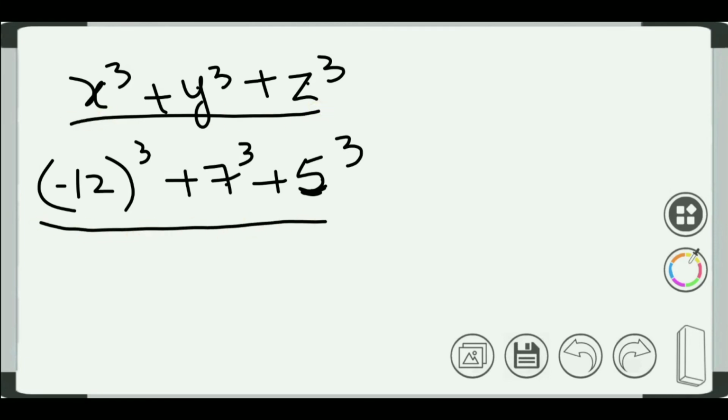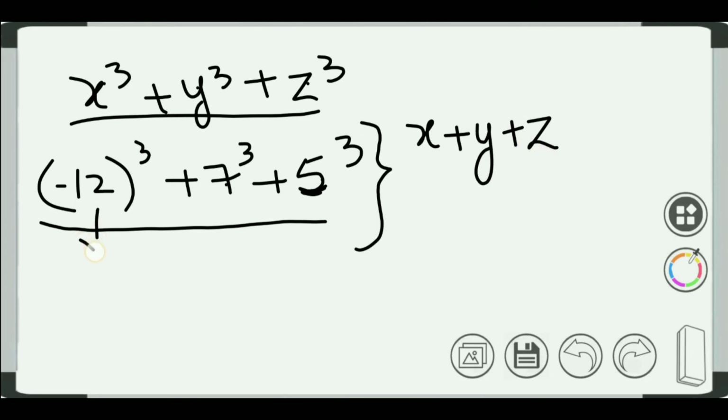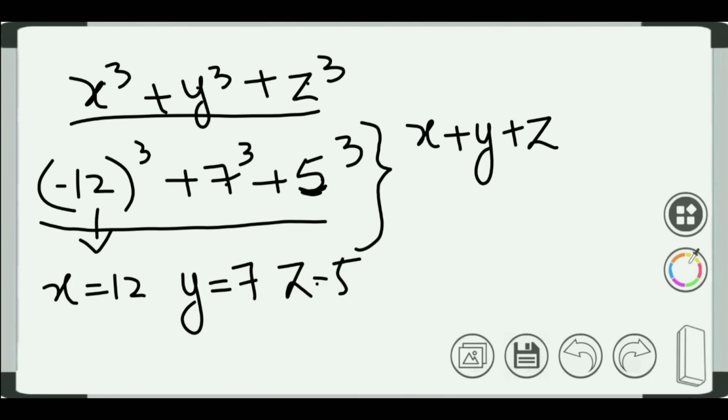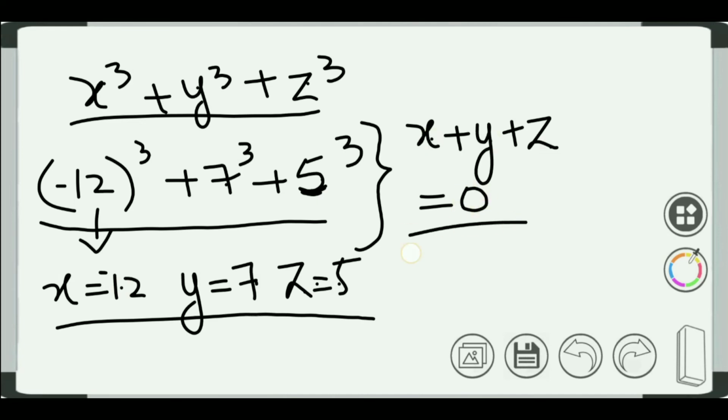So in this case, first you need to add x plus y plus z. Here x is minus 12, y is 7, z is 5. If you add these 3, 7 plus 5 is 12, 12 minus 12 is 0. That means you are getting x plus y plus z equal to 0.